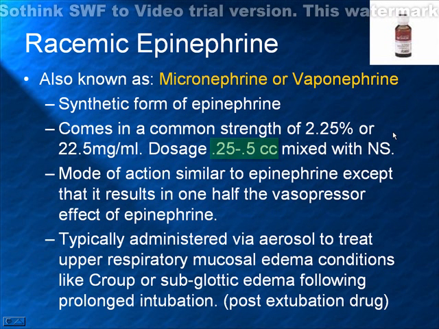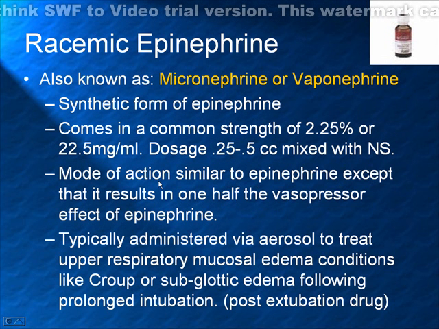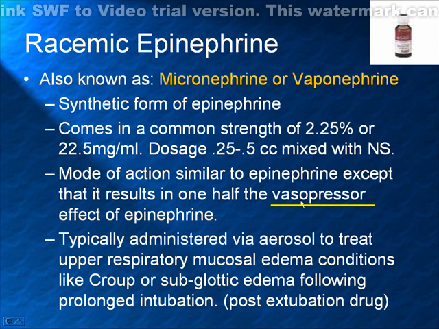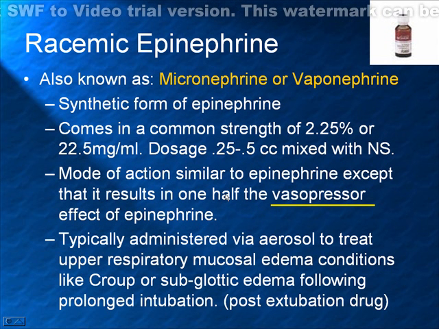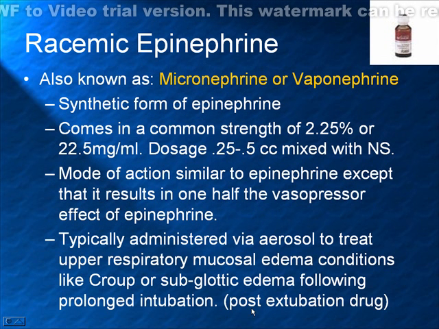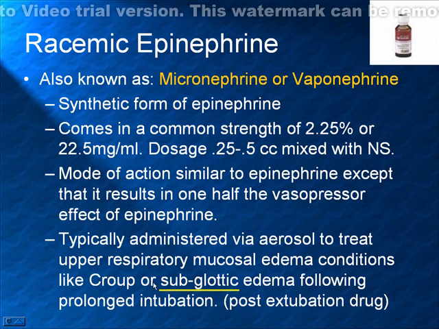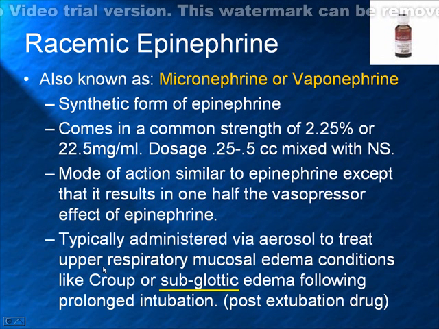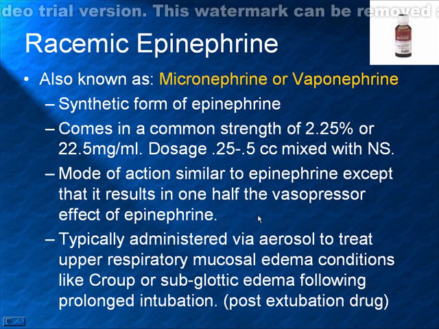Its mode of action is similar to epinephrine, except that it results in about 1/2 of the vasopressor effect of epinephrine. We typically use vapornephrine post-extubation for someone who has either croup or subglottic edema, and that is typically due to upper respiratory mucosal edema. We will give an aerosol treatment with vapornephrine to reduce the stridor.